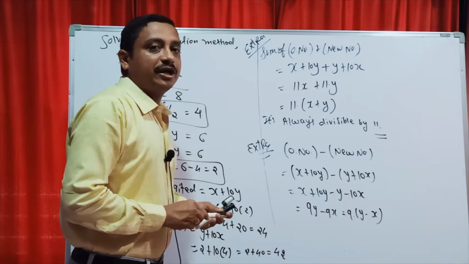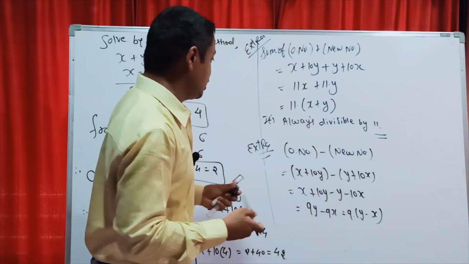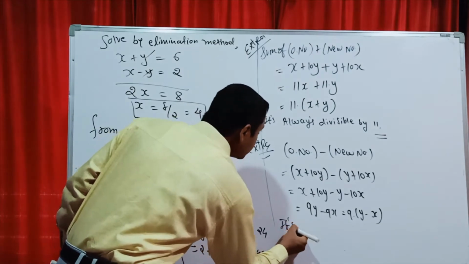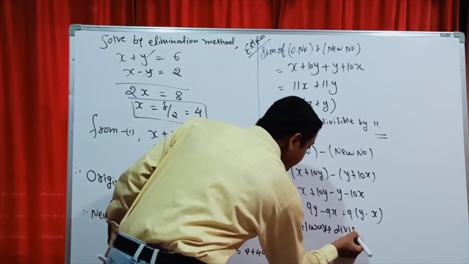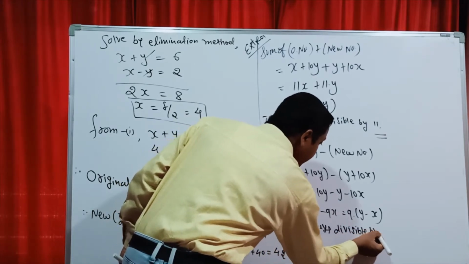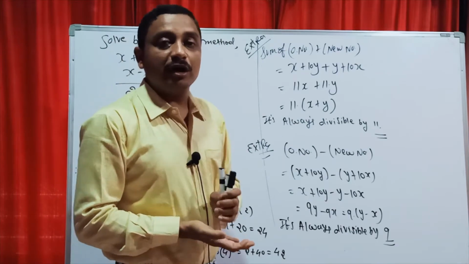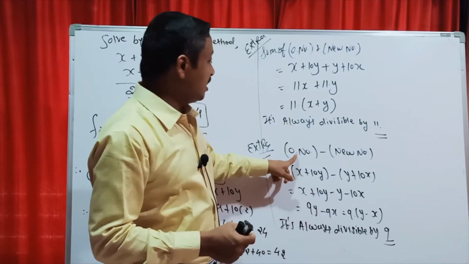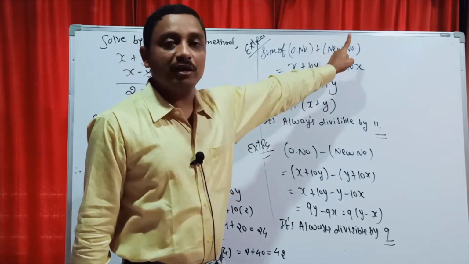And sure, it is always divisible by 9. This is your second MCQ. It's always divisible by 9.